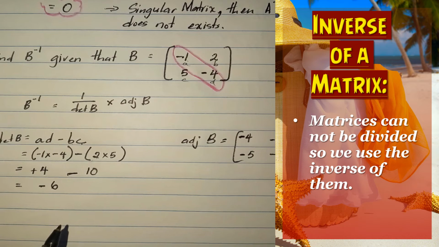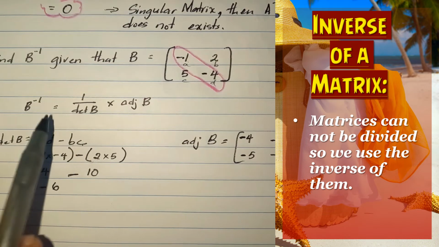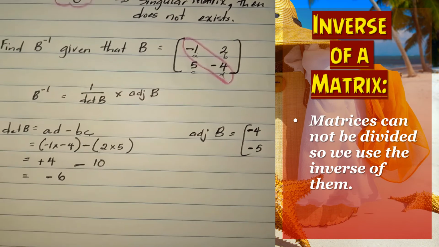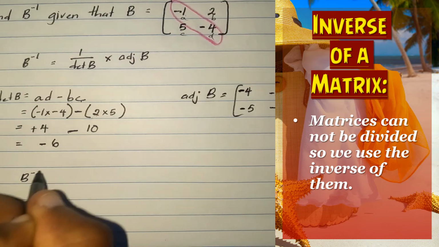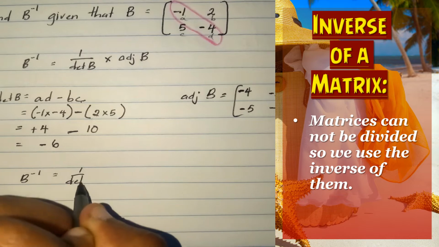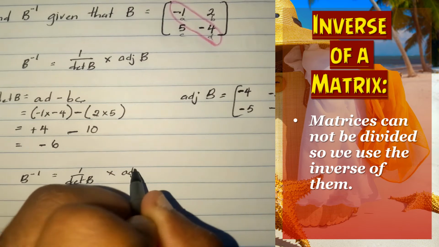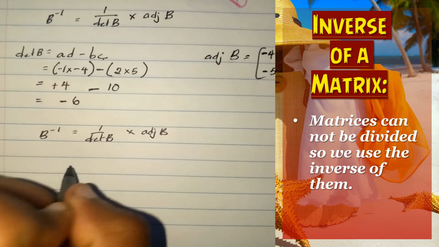I'm not done yet, because it says that to find B inverse, I need to multiply 1 over the determinant by the adjoint. So I'm going to do that now. I'm just going to rewrite the formula so that I am guided by it, so I don't make any mistakes. It says 1 over the determinant.